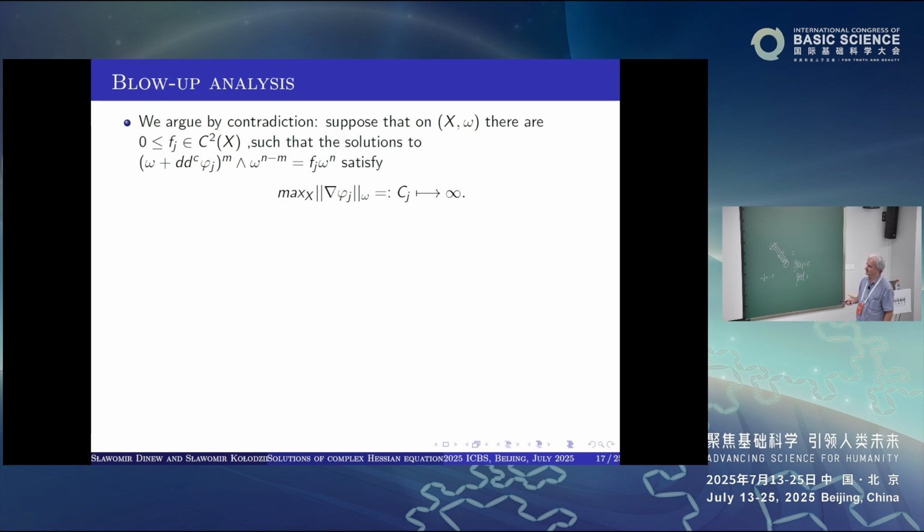We solve, and if we do not have the a priori C1 estimate, then for some solutions we will get bigger and bigger constants.